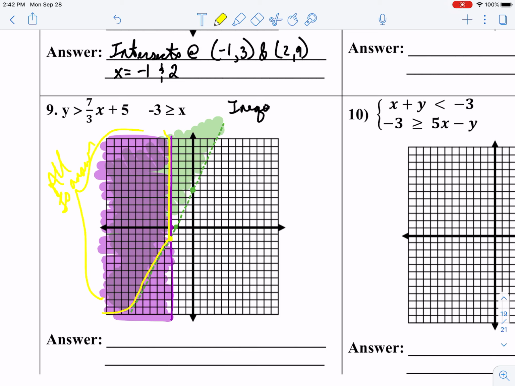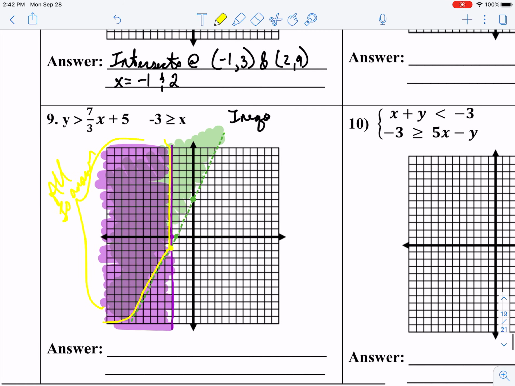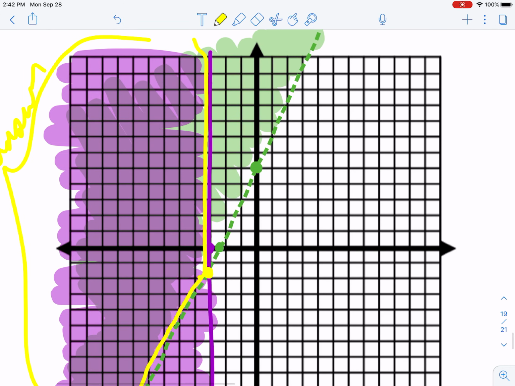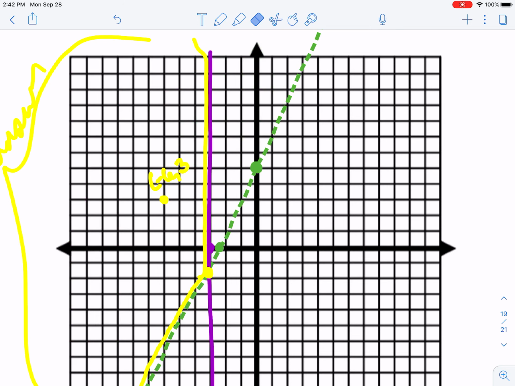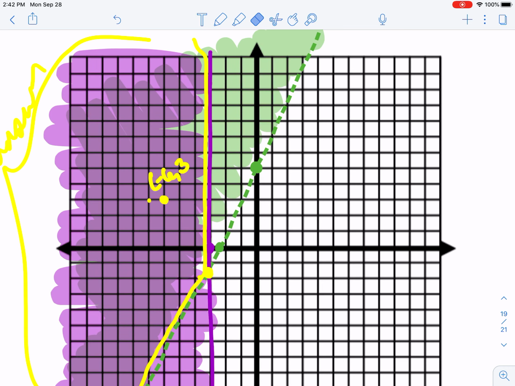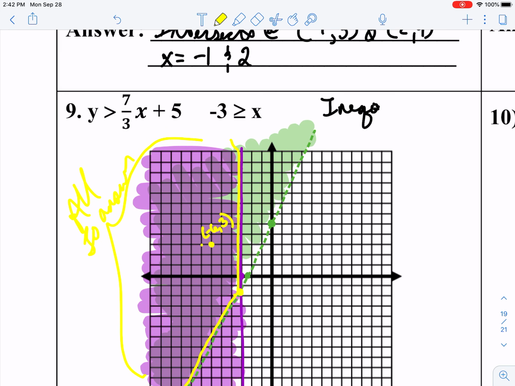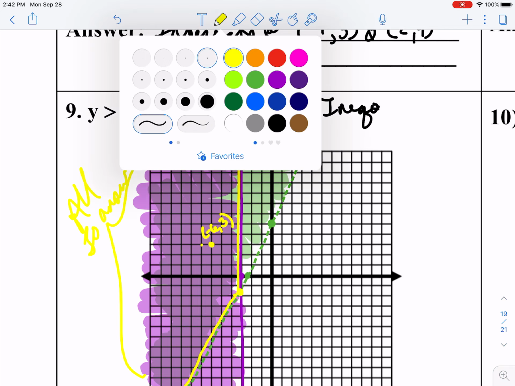As long as any point over here, so let's just take the point (-6, 3), should satisfy both of these. So x is -6.